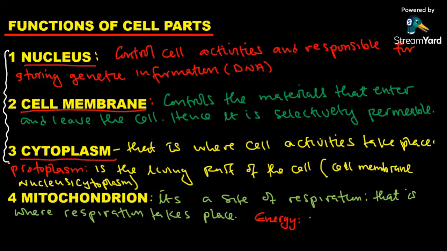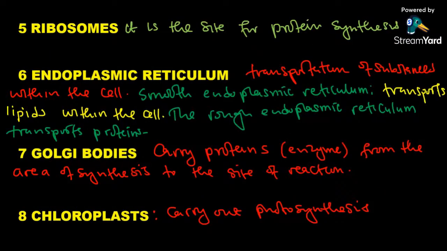In other words, you're going to find other books describing it as the powerhouse. That is where energy is generated. So all those functions that I've given, you can put any of those. You can say that is where energy is generated, it's a site of respiration, that is where respiration takes place. All those are the functions that you can talk of in terms of the mitochondria.